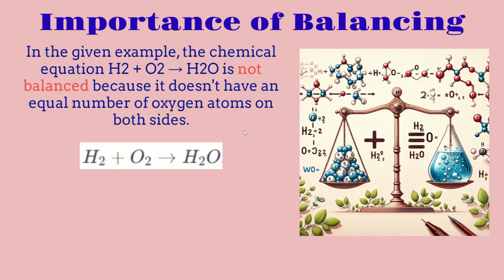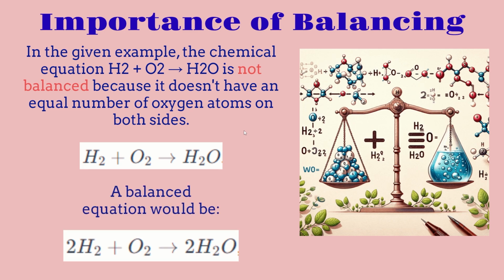In the equation example from the previous slide, H2 plus O2 is equal to H2O is not balanced because it does not have an equal number of oxygen atoms on both sides. In order to balance this, this is how it would look. Since there wasn't the same number of oxygens, we add a coefficient of 2.